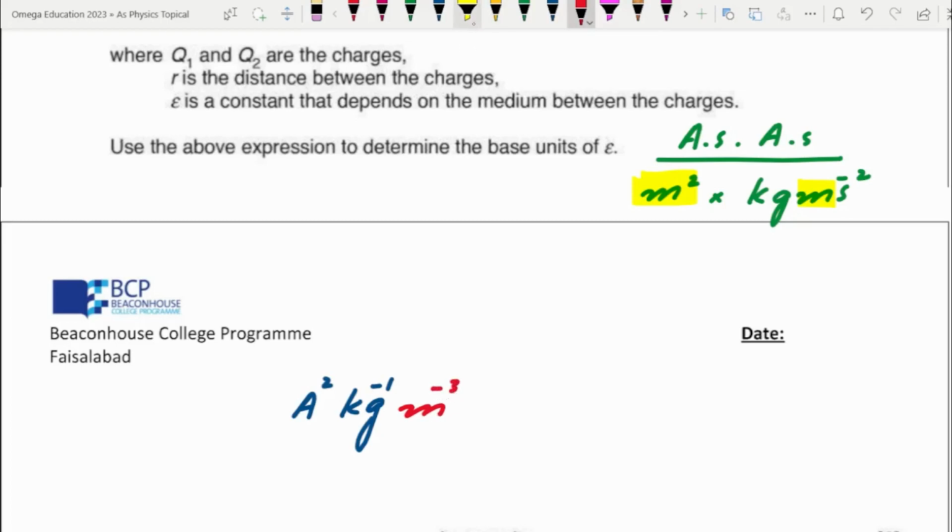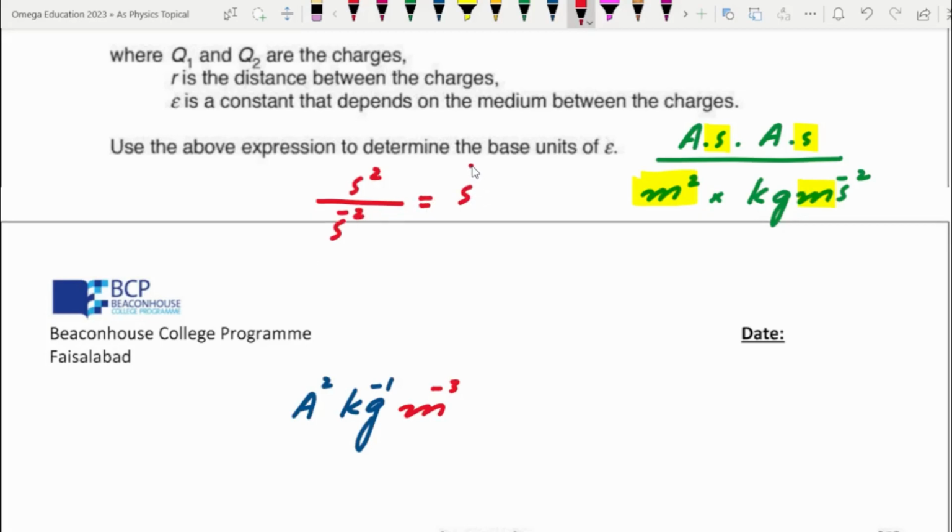Now what about the seconds? We have seconds over here. If I combine these two, I get seconds squared in the numerator, and in the denominator I have s^-2.